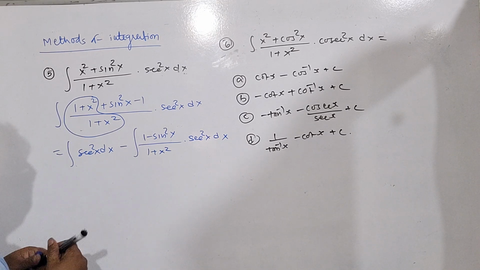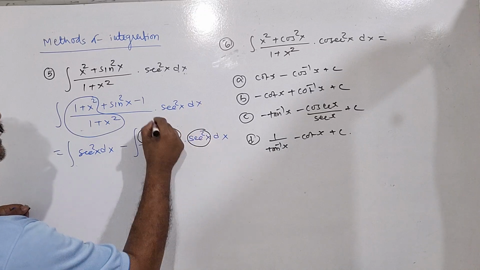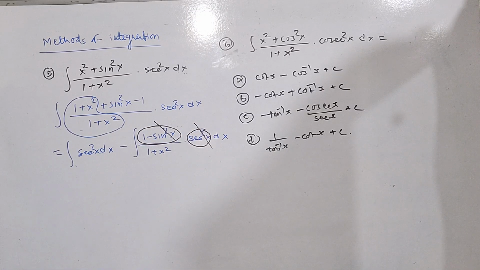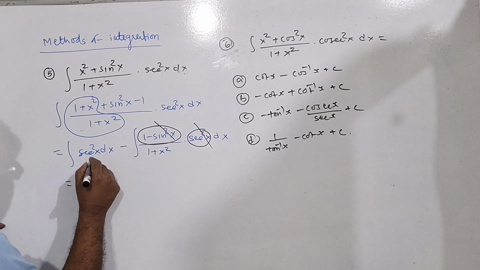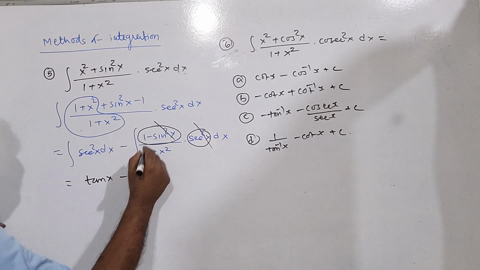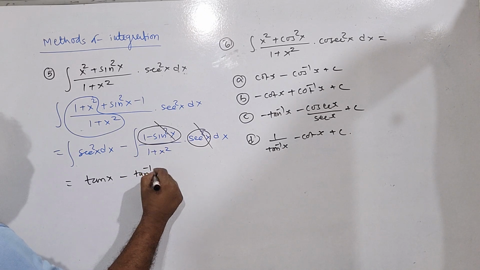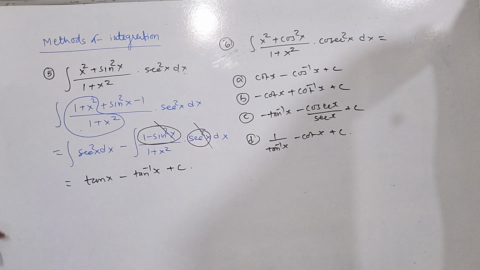Correct. So this is cos squared x, this is sec squared x, that will get cancelled out. So therefore I am left with the sec squared x integration, that is tan x minus the integration of 1 upon 1 plus x squared, tan inverse of x plus c. Correct.